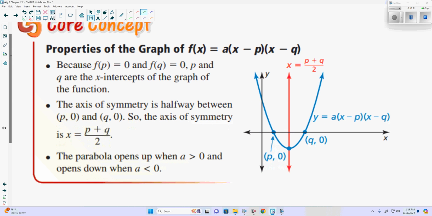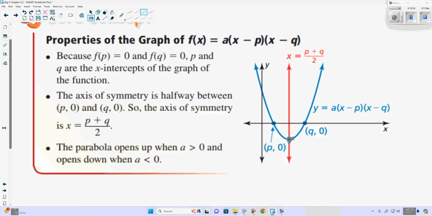But that's it. Because the last thing I want to talk about is this here, x-intercept form. Now, part of the reason we call this x-intercept form is because P and Q are the x values where it crosses the x-axis.